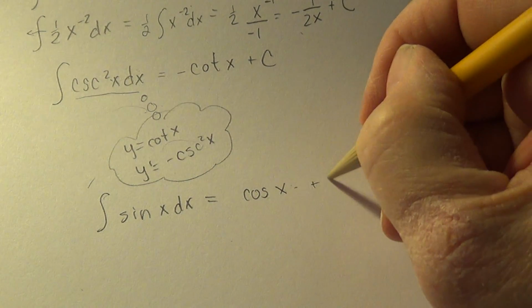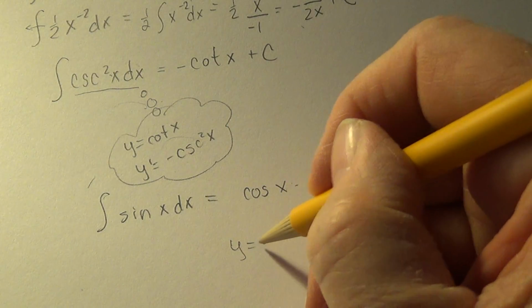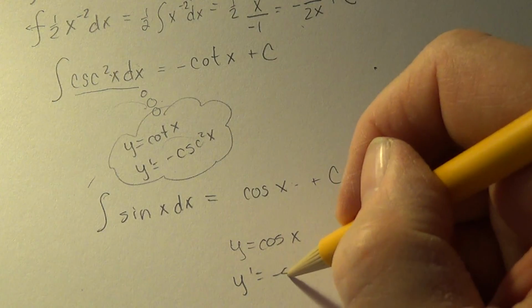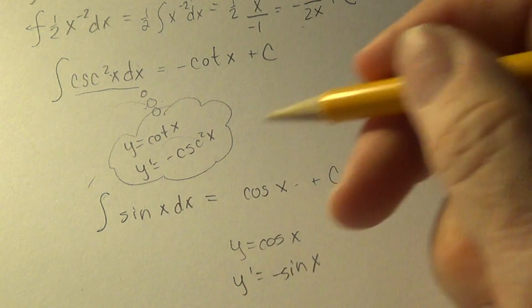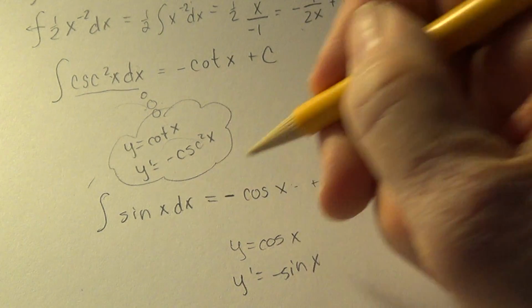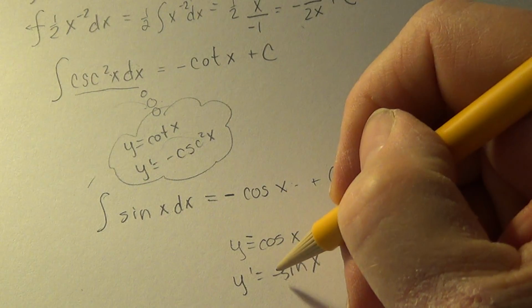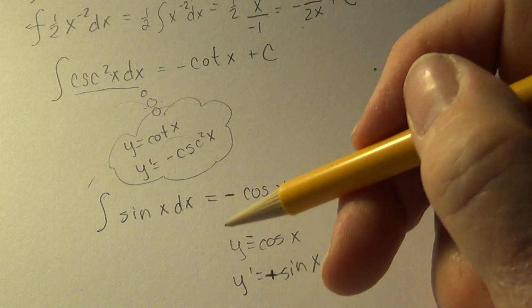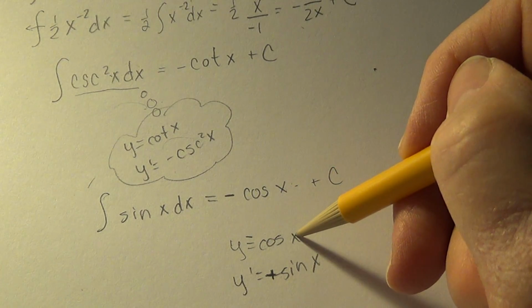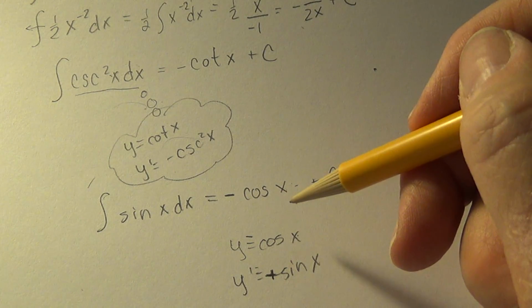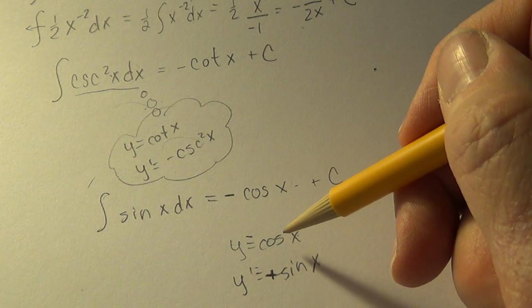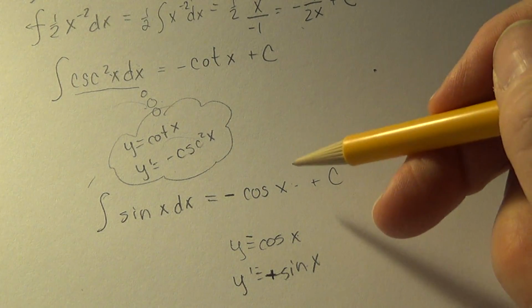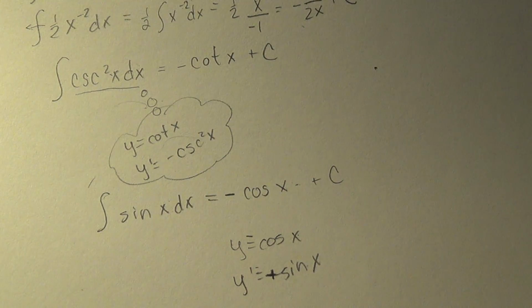So I say y equals cosine of x, but y prime, I remember, is minus sine of x. So it didn't get me back. So I'm going to put in a negative here, and that will get me back to where I need to be. So if y equals negative cosine x, we know y prime is going to be negative negative sine, which is a positive sine. So sometimes the simpler ones are more confusing.